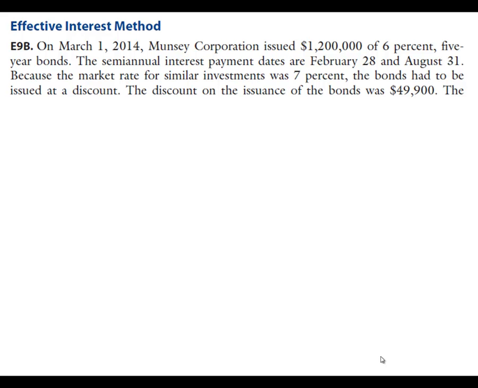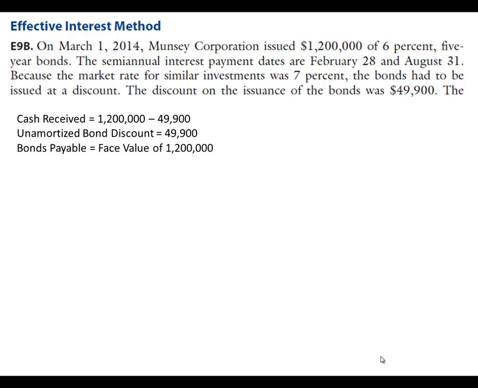It doesn't say it's issued at 95 or 98, but it's already giving you that amount. It calculated it for you. It says that the discount on the issuance of the bonds is $49,900.